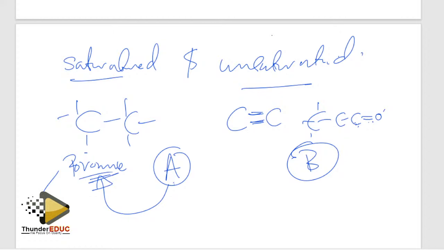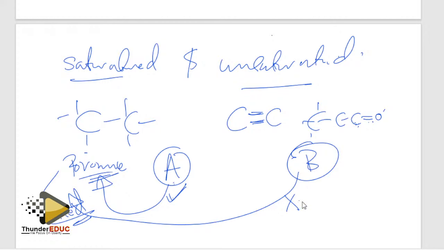Don't forget that bromine water is red. So compound A decolorizes bromine water, while compound B cannot decolorize bromine water.